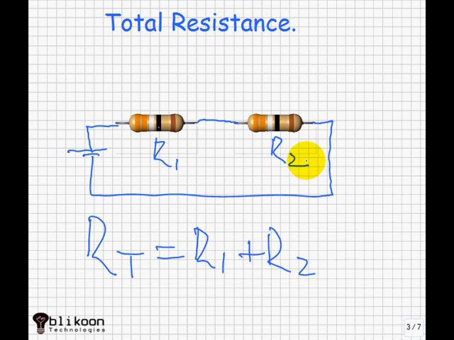So if we had, for example, a third resistor connected to the circuit here, we'd add R3 to our formula. But we don't have it, so we don't add it. If, for example, R1 was 1K and R2 was 2.2K, by K I mean kilo ohm, we'd have 3.2K as our total resistance.